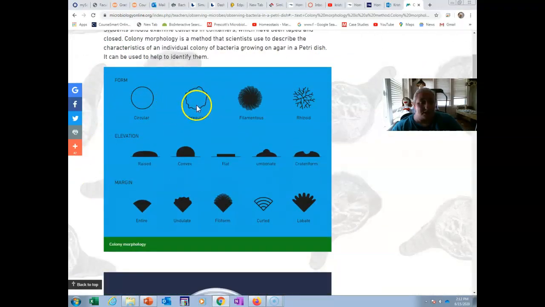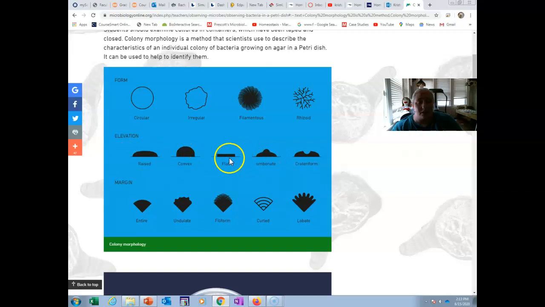Some of those characteristics are whether the colonies look circular, or if they are irregular in shape, or if they have a filamentous structure. Do they look kind of rhizoid or fungal-like? Are the colonies elevated in any way?